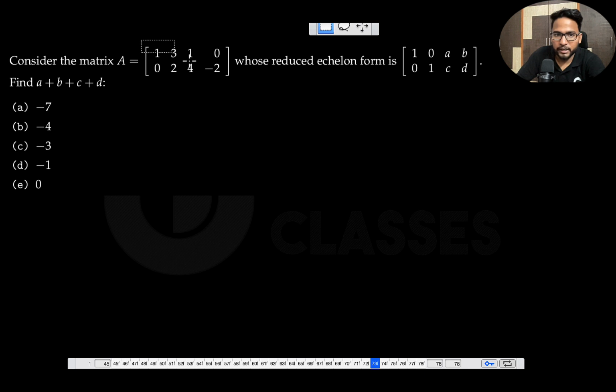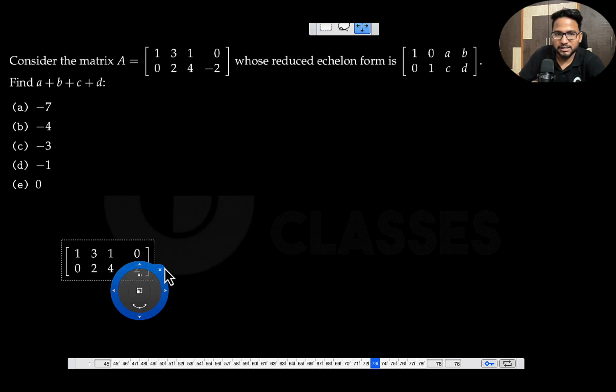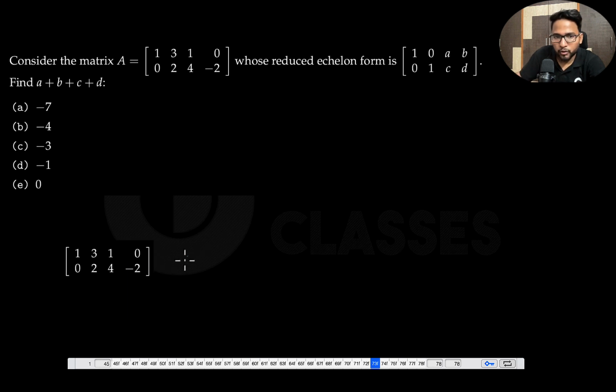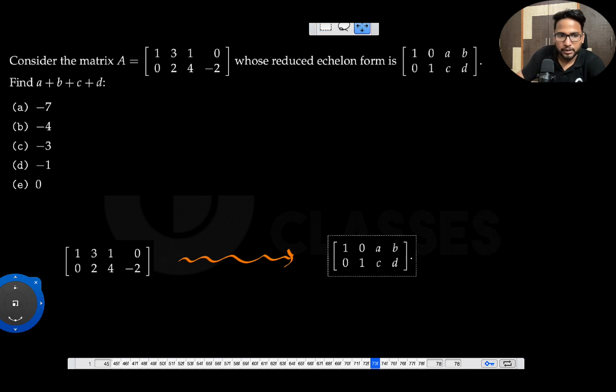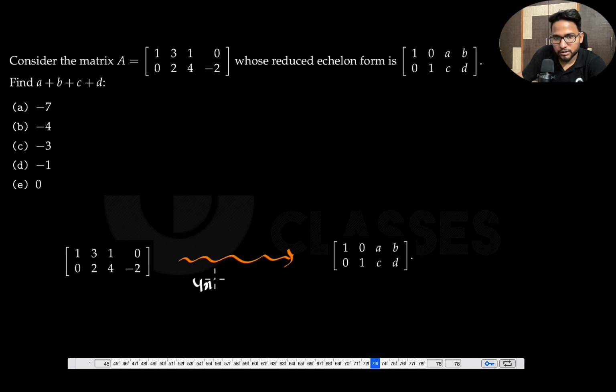They have given you a matrix, and they are saying that using some unknown elementary row operations, you got some matrix which is looking like this.